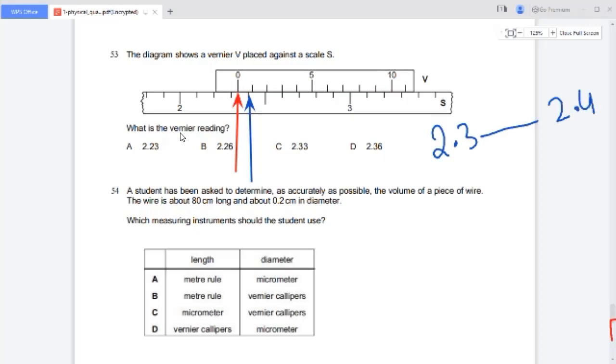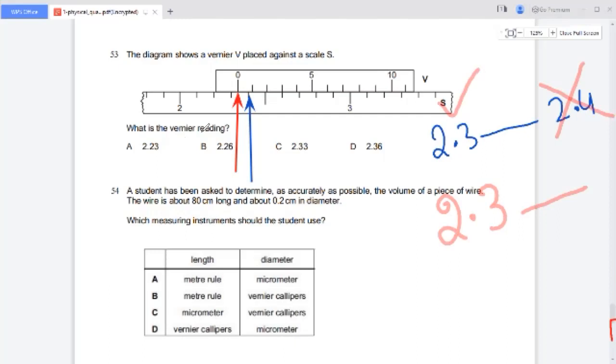So this is our first stage. We don't care about the second reading, which is 2.4. We only consider this one, so 2.3, and here would be the next number.